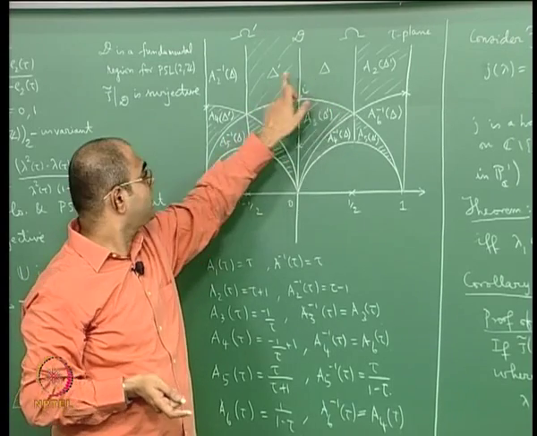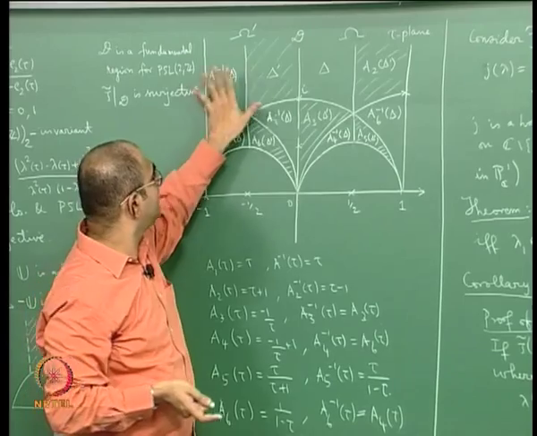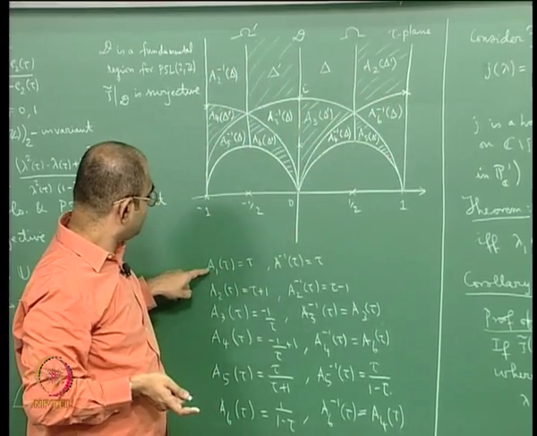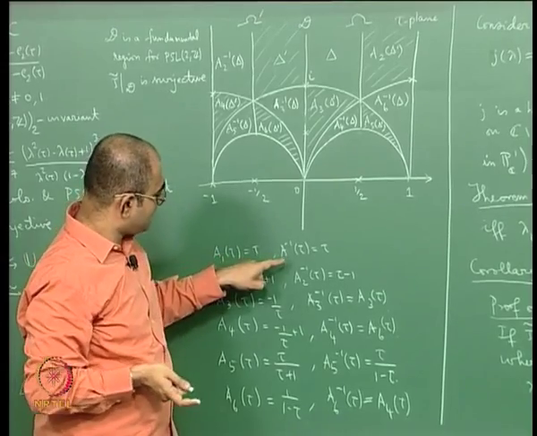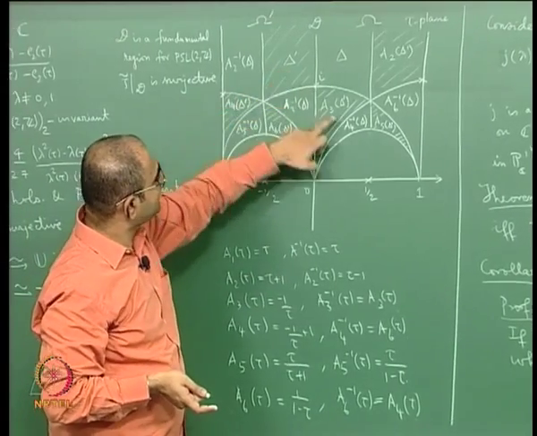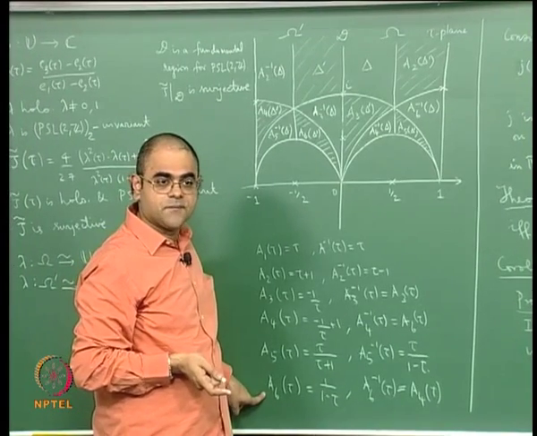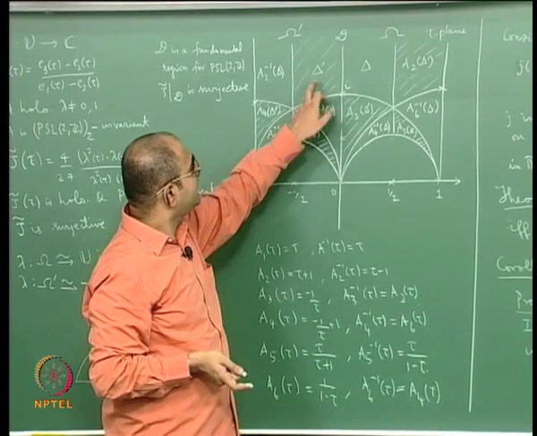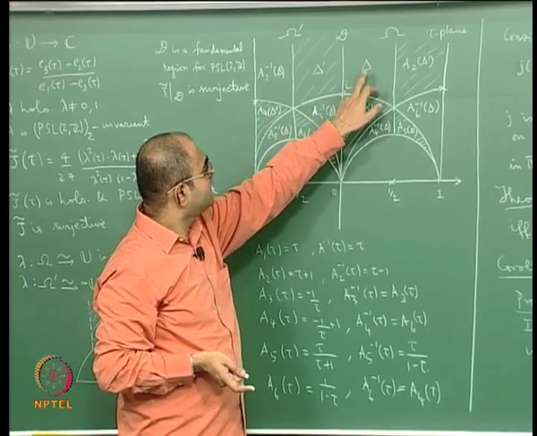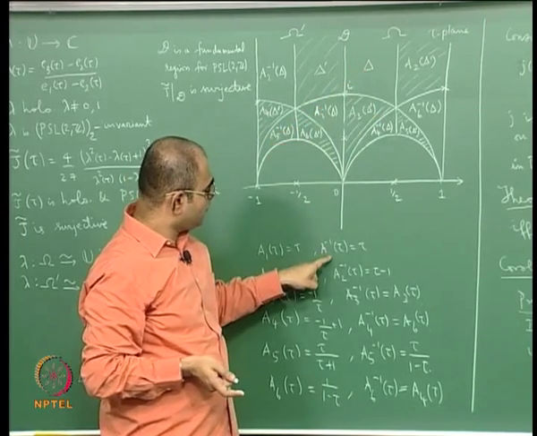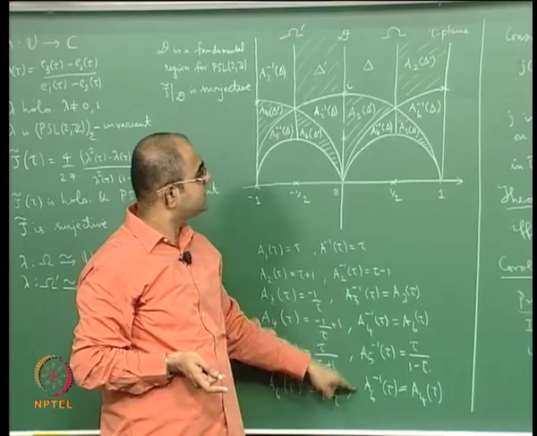If tau 2 is in the shaded part, then if you move tau 2 by any of these, it is going to go into the other shaded parts. Similarly, if tau 2 were in the unshaded part, then it will be moved by all these inverses into the other unshaded parts.